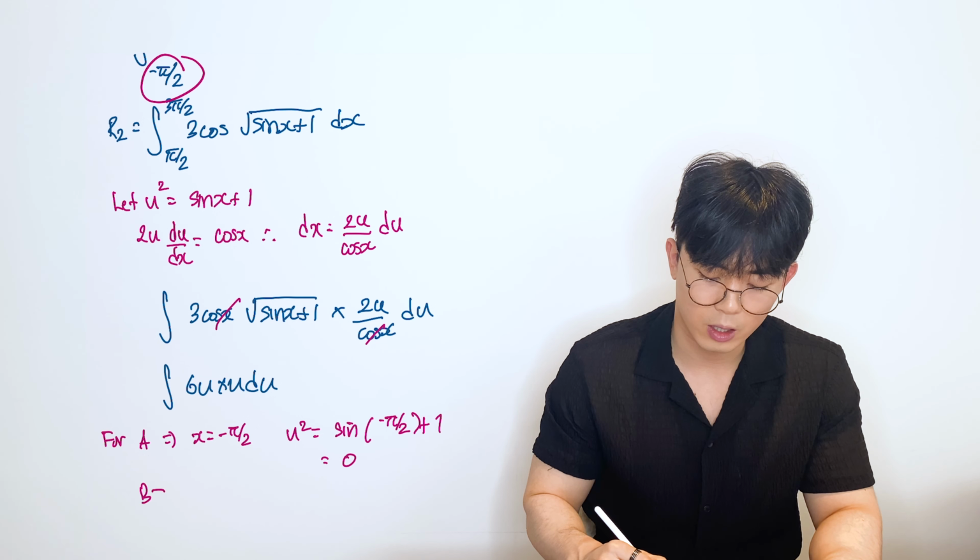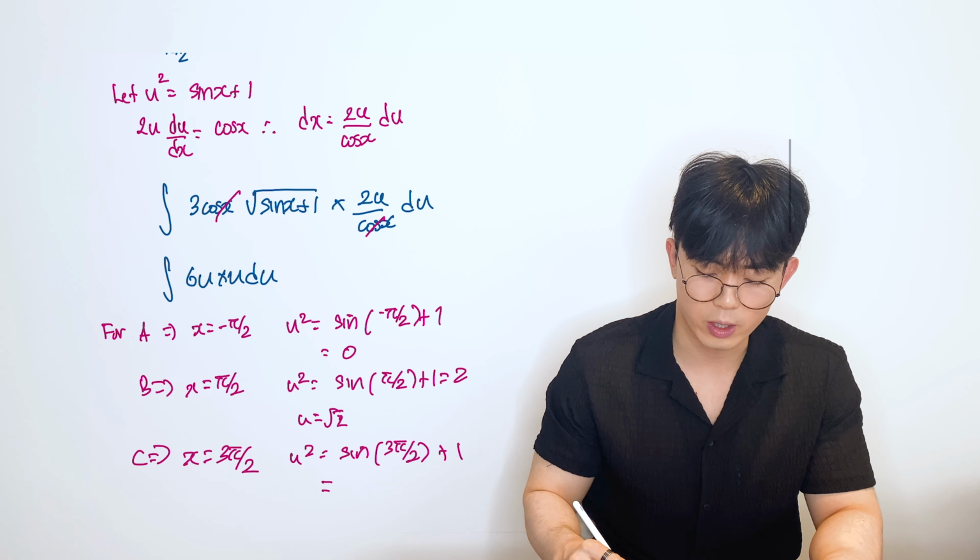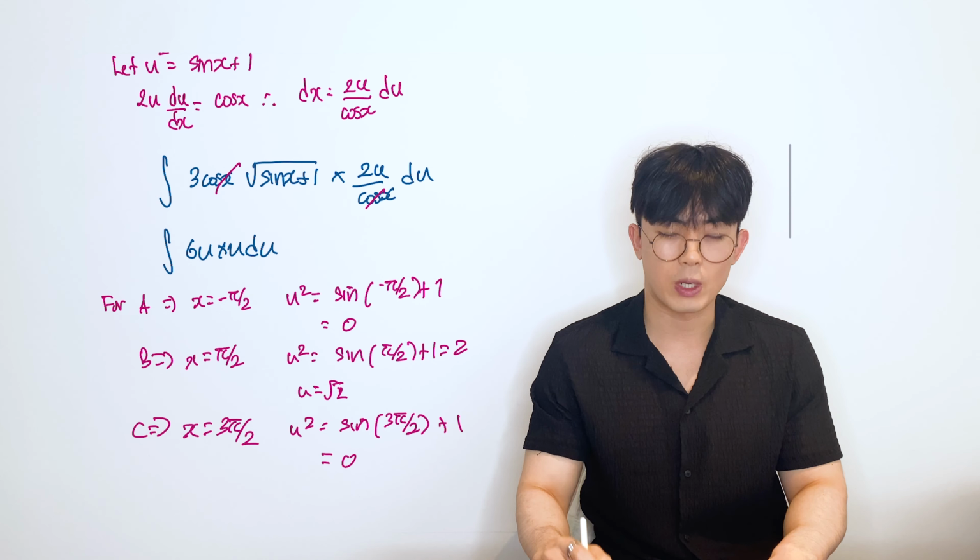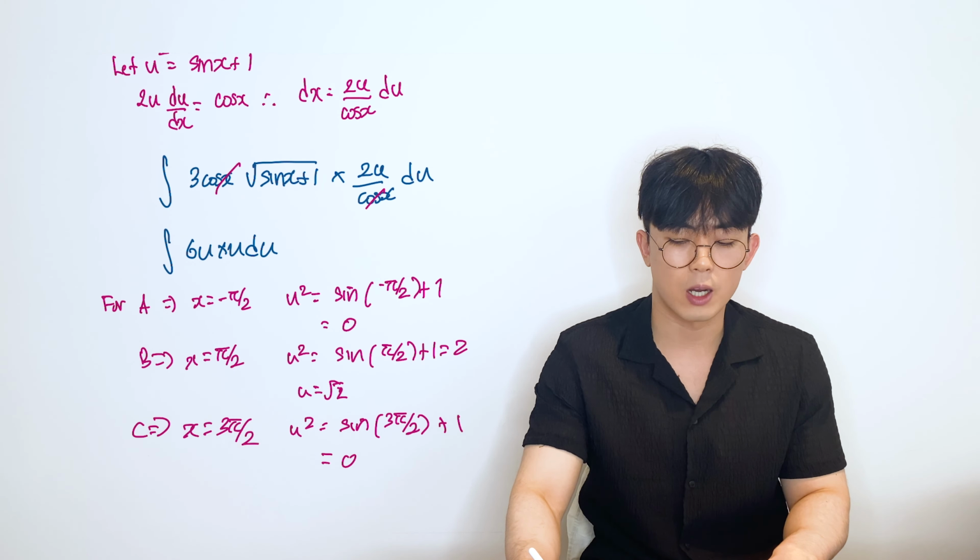For b, x is pi over 2, so u squared is equal to sine pi over 2 plus 1, which is 2, so therefore u is equal to root 2. I'm just going to find it for c as well because we're going to need it later. x is 3 pi over 2, u squared is equal to sine 3 pi over 2 plus 1, which is also equal to 0. So now we've found the limits, we can go about finding the areas.